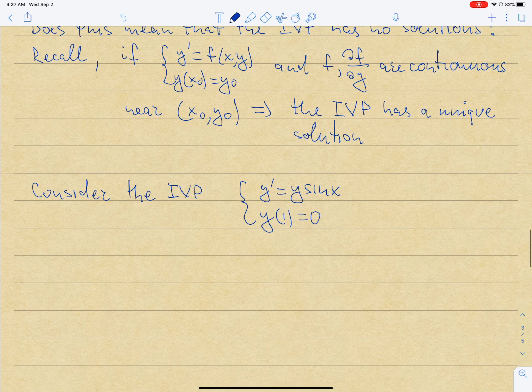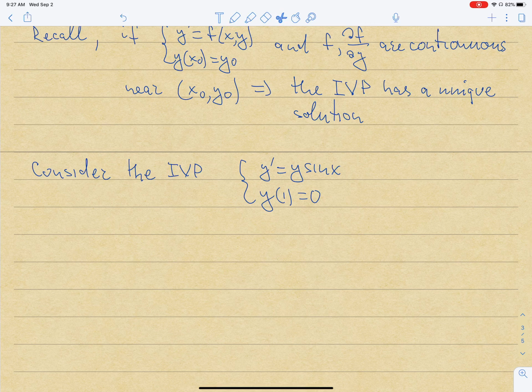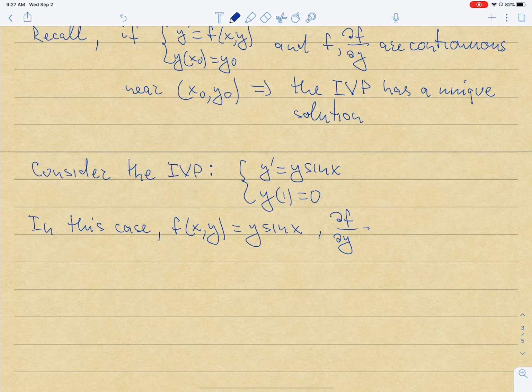Well, if I look at my function on the right-hand side of this equation, so in this case, my f of x, y is equal to y sine x, and df dy is just sine x. Well, y sine x certainly is a function which is continuous everywhere.